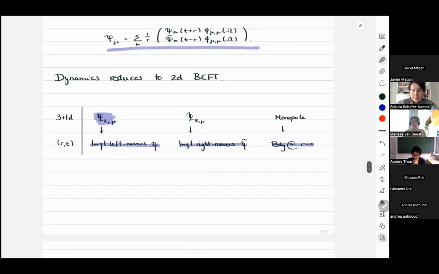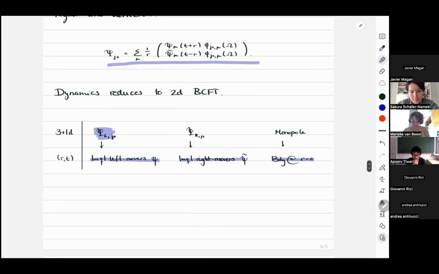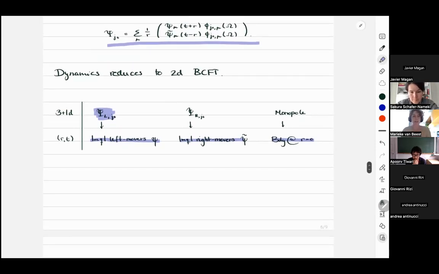So now, what are the symmetries of this 2D theory then? In order to analyze this scattering experiment in exactly the same way as we did for the 3450 model, we need to determine the symmetries. And because the core of the monopole knows about the UV physics, it means that the symmetries that are preserved by the interactions with the monopole have to respect the UV symmetries.